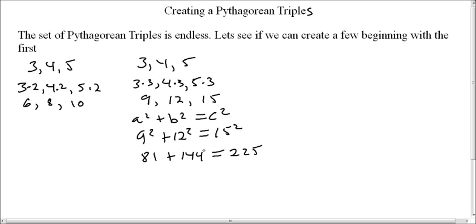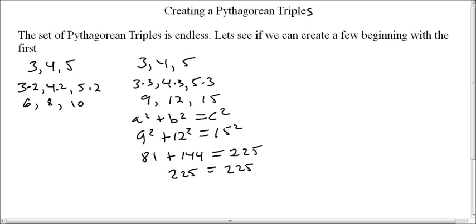If I add 144 plus 81, I do indeed get 225. So 225 equals 225.